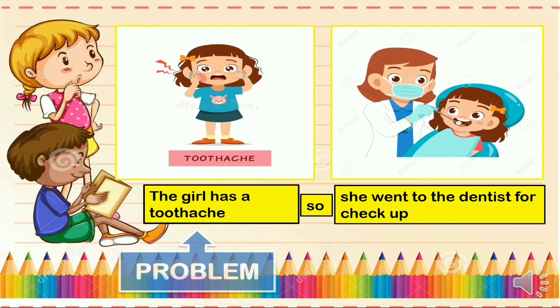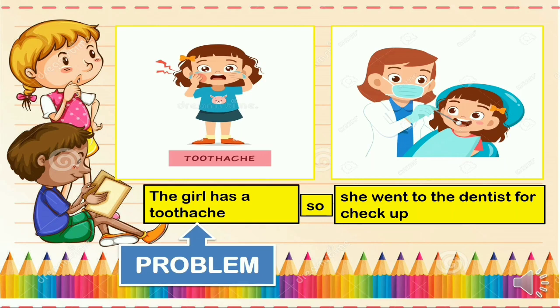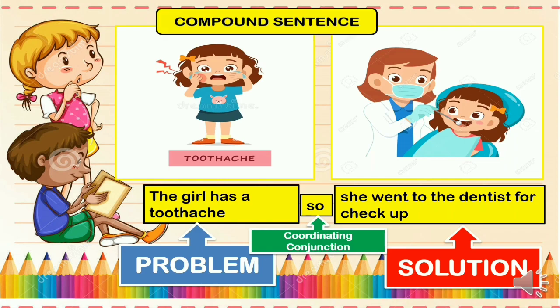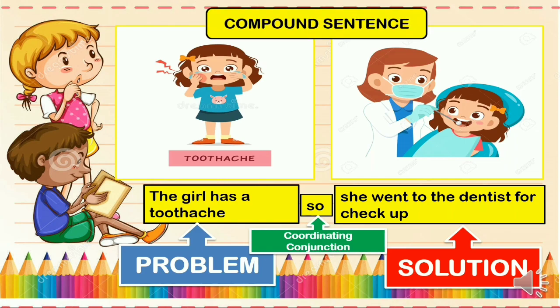The first sentence expresses a problem. The second one expresses a solution. Combined by coordinating conjunction so. So this sentence is an example of a compound sentence showing a problem and solution.